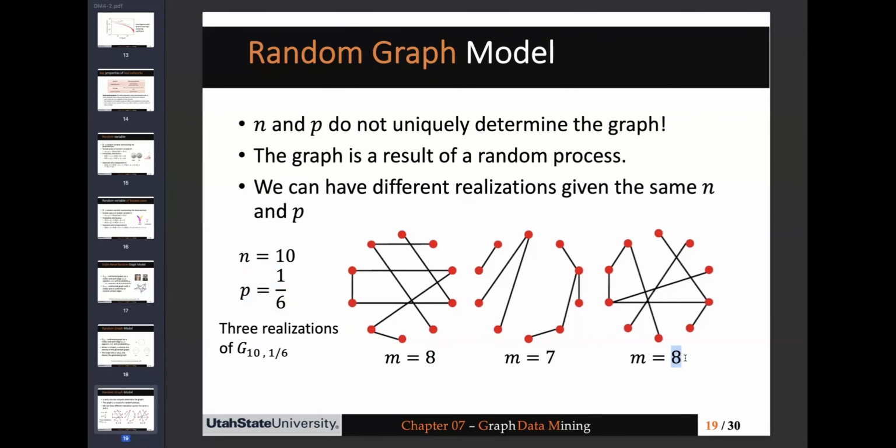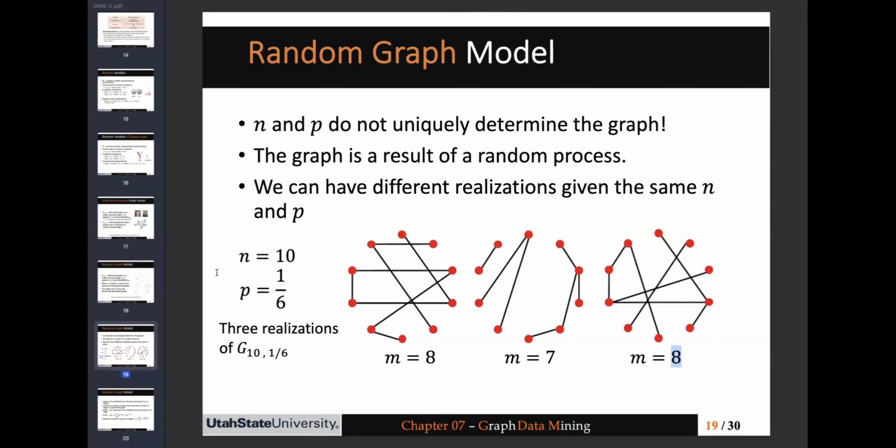And this is exactly like tossing the same coin multiple times and getting different sequences of outcomes, right? So sometimes I might get 5 heads out of 10 or even 6 heads out of 10 experiments, right? So that's exactly what it means here. Of course, it's not the same case for the second, more deterministic algorithm of fixing n and m, but still you're getting a different network topology, right?